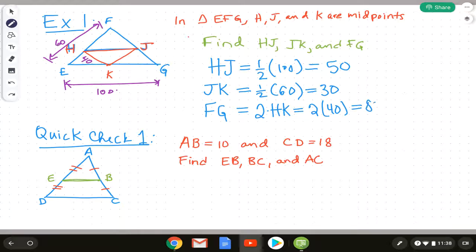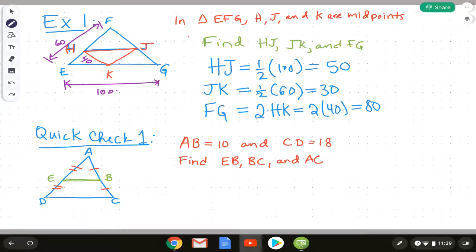So if you know the midsegment lengths, you can find the triangle lengths by doubling it. If you know the triangle lengths, you're going to divide by 2 to get the midsegment lengths. So pause and try quick check 1, where we have a given triangle that's got some things marked in it, and see if you can figure out what EB, BC, and AC are.